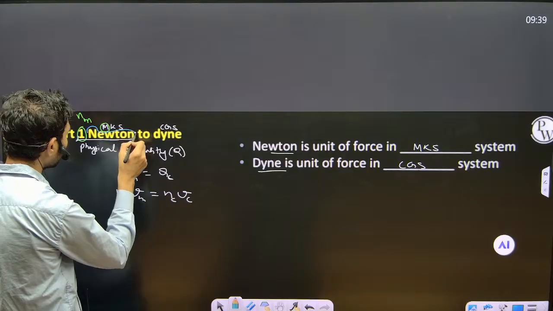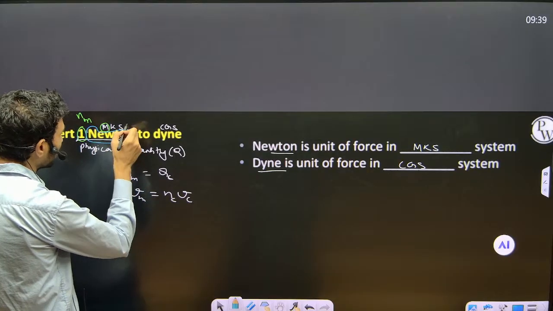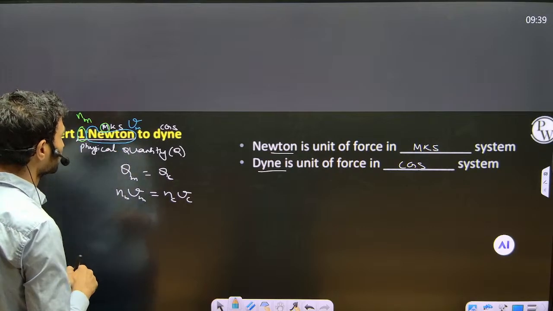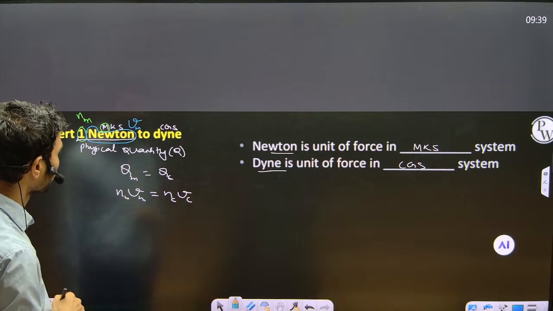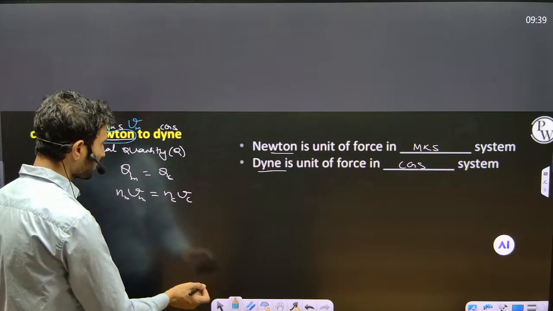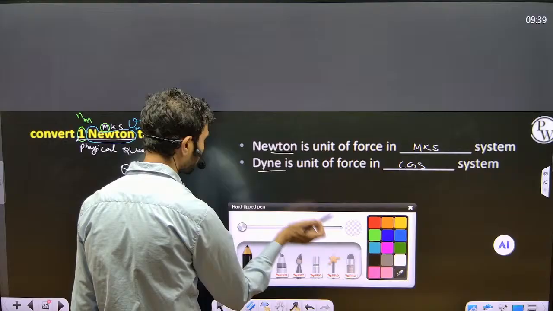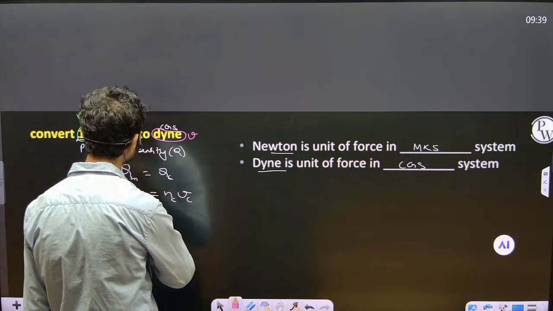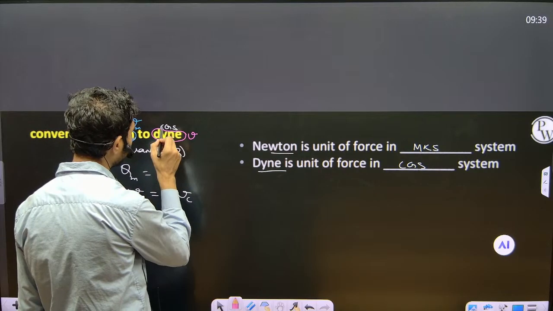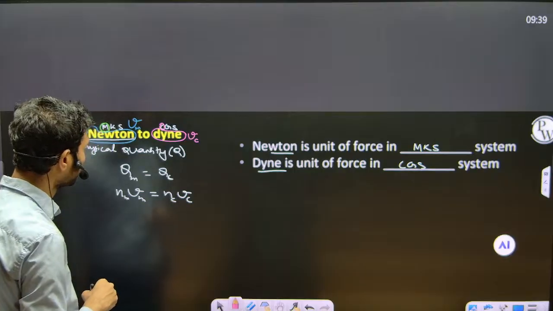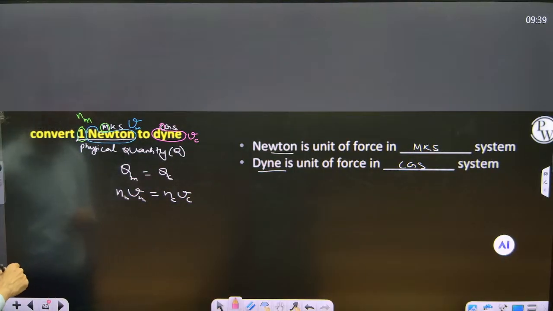Newton. It is a unit written in MKS. And what is dyne? Dyne is a unit written in CGS. Got it?